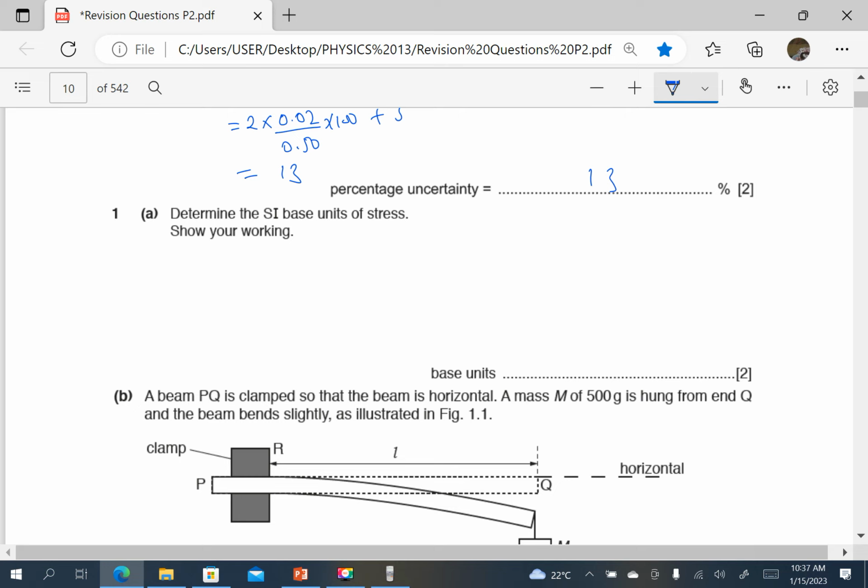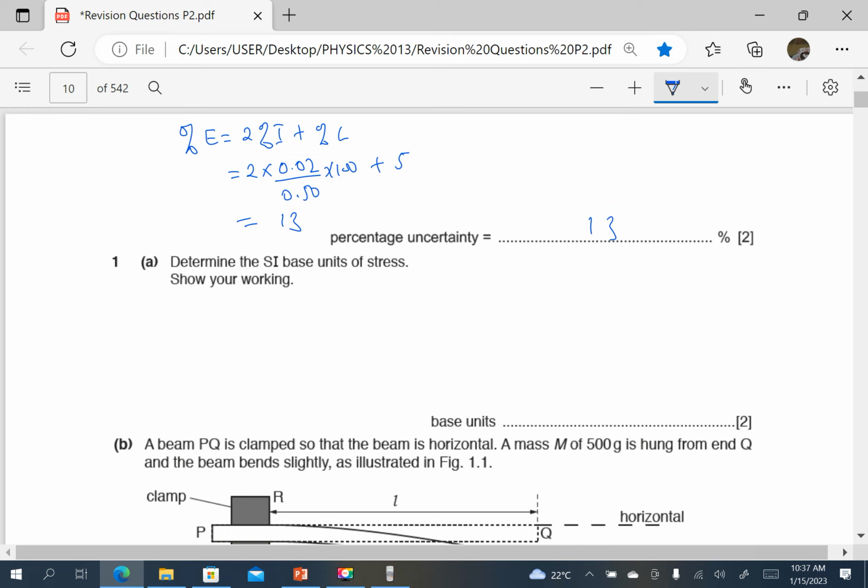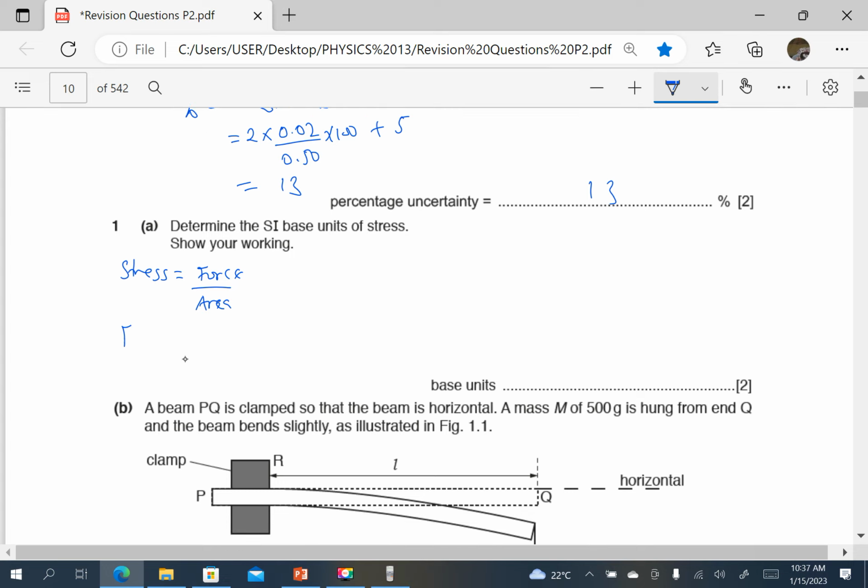Determine the SI base units of stress. By definition, we know that stress is force over cross-sectional area. The base units of force are kilogram meters per second squared, and for area, that is meters squared.